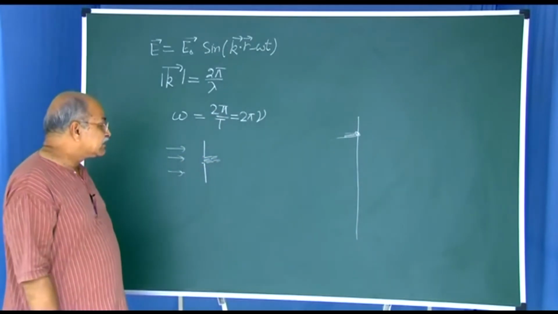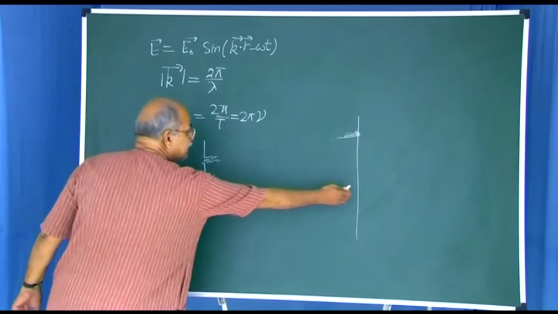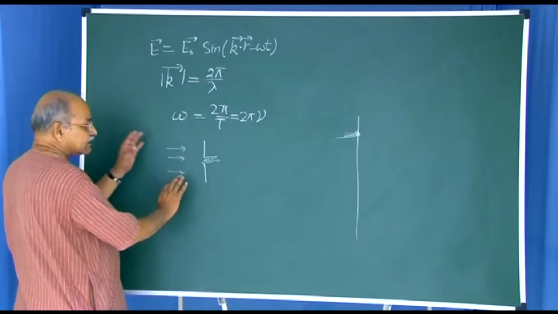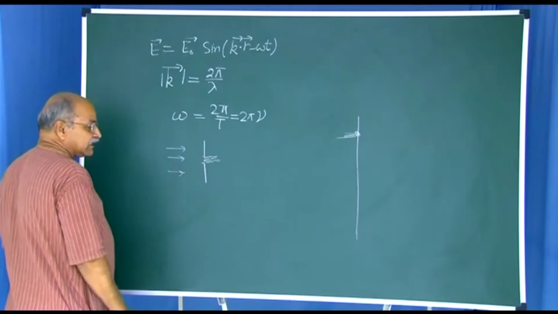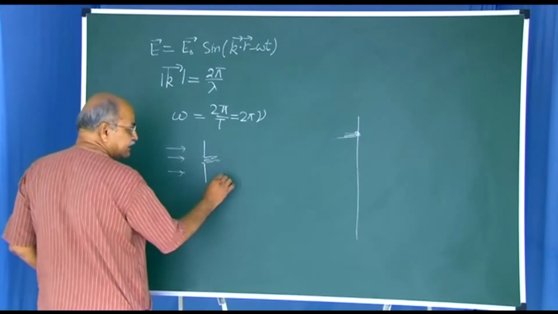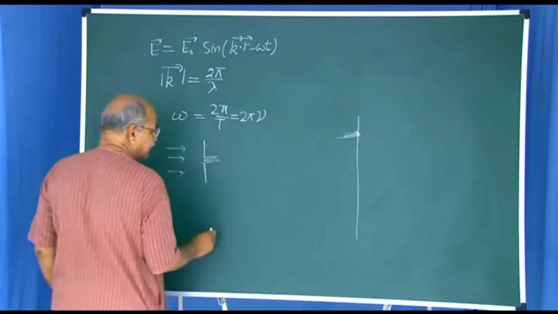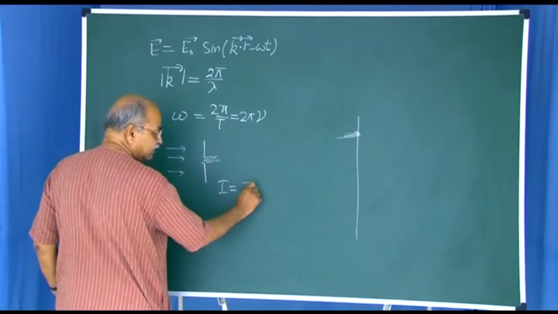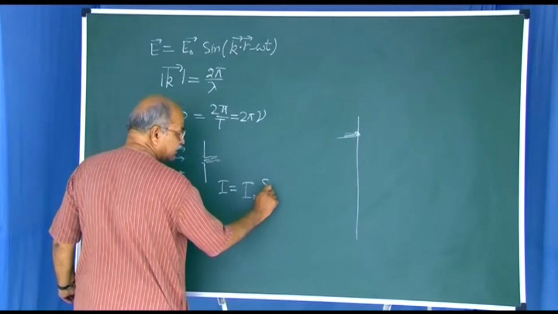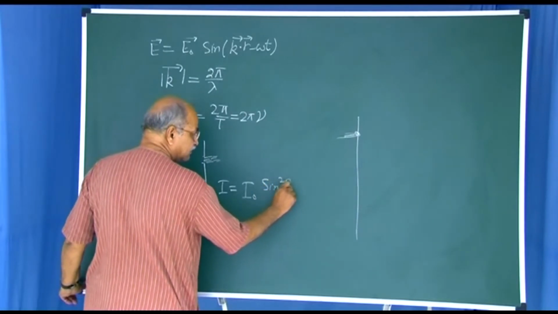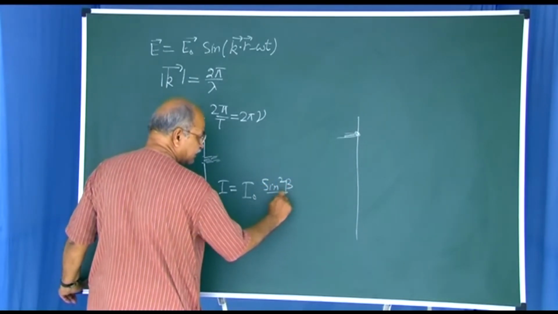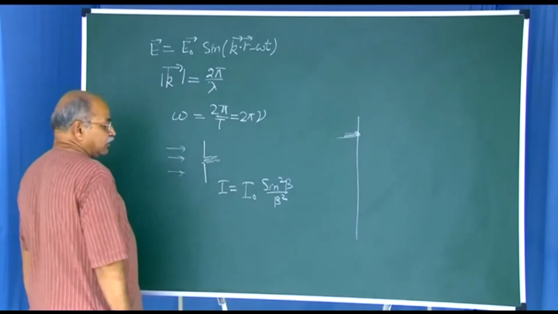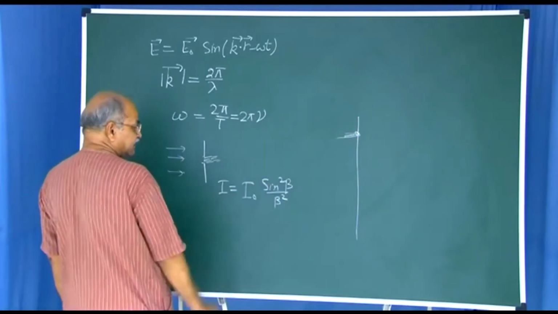And it so happens that if your screen is far away and the incident light is parallel, the intensity which you receive here can be written as I equals I naught sine squared beta over beta squared. Now, what are this I naught and beta?